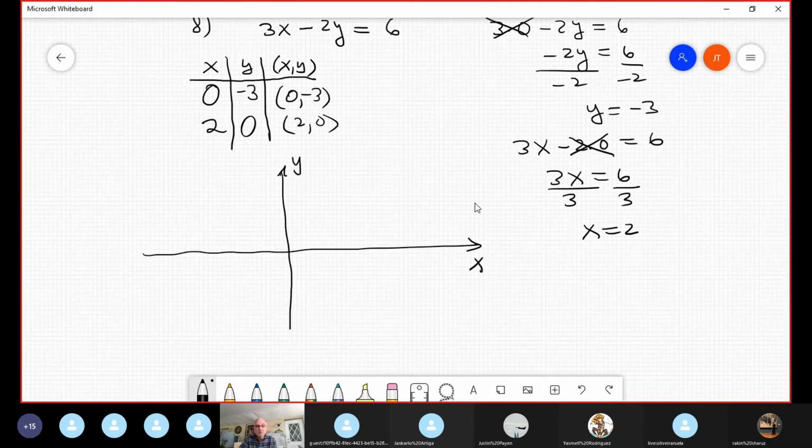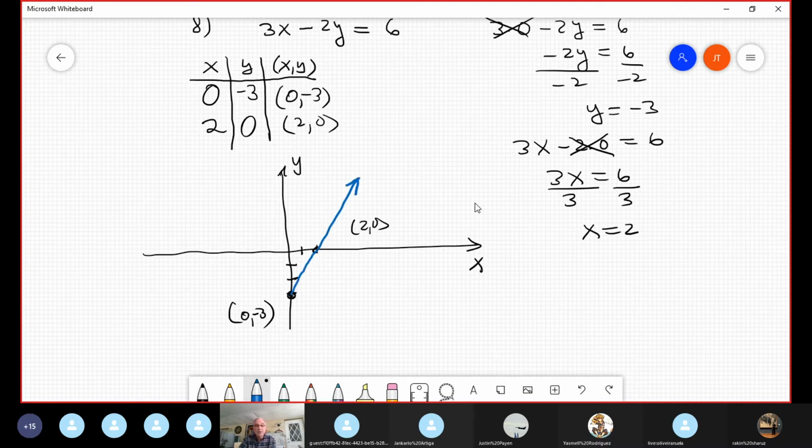Okay, I plot the points. (0, -3): negative 1, negative 2, negative 3, here. And (2, 0) here. 1, 2. And the line looks like that. Fantastic. We are the best in Miami-Dade College. Any question?